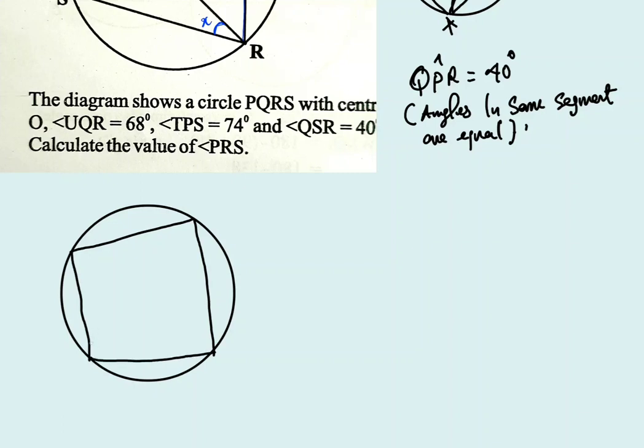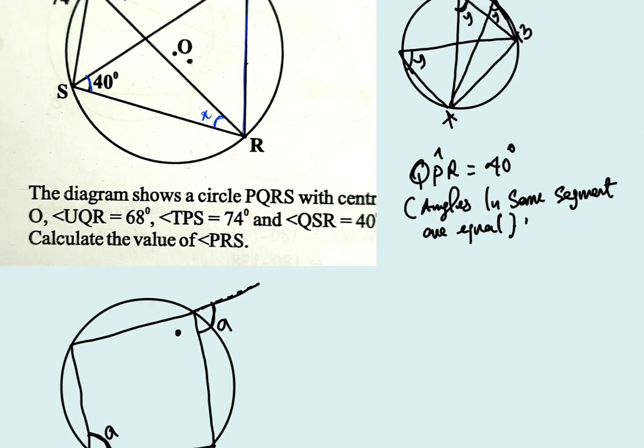If I have an angle here, let's say the angle is A. This A is facing this particular angle here. But the external angle here in a circle quad must be equal to the internal opposite angle. So here must be equal to A. That is under circle quadrilateral in circle geometry.